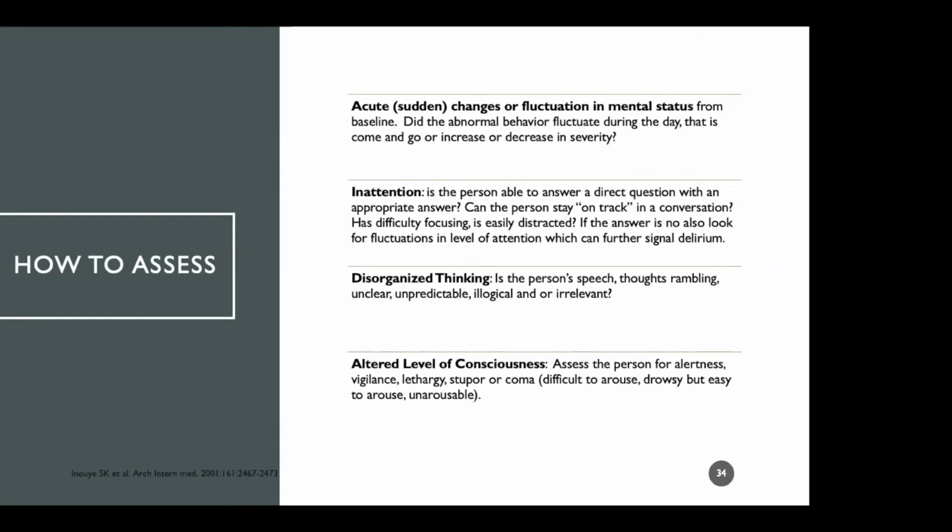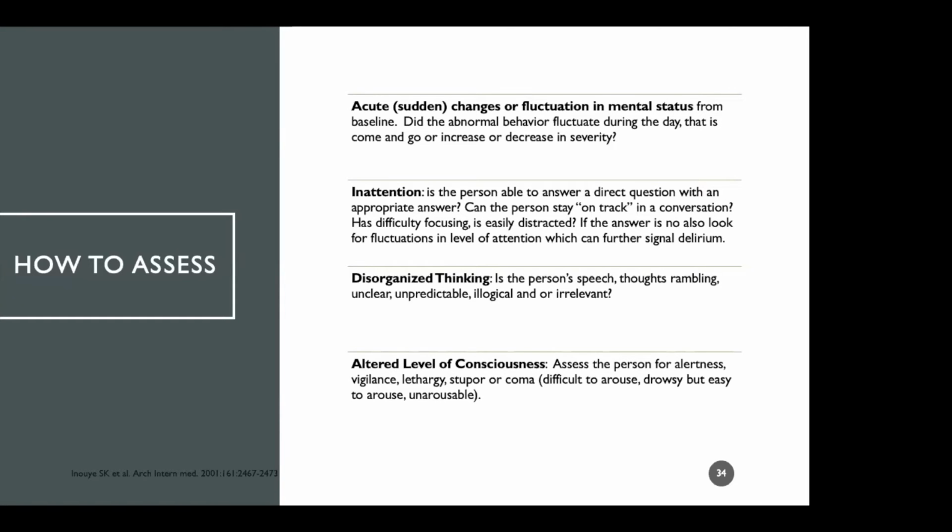Inattention: is the person able to answer a direct question with an appropriate answer? Can they stay on track while you're having the conversation with them? Do they have difficulty focusing, or are they easily distracted and rambling? If the answer is no, also look for fluctuations in level of attention, which can signal delirium.